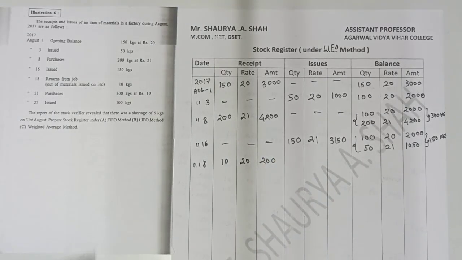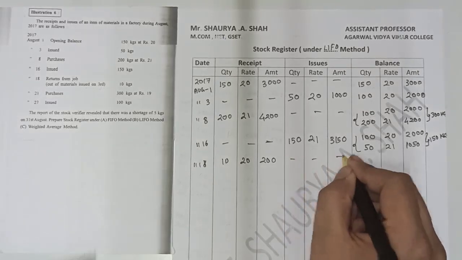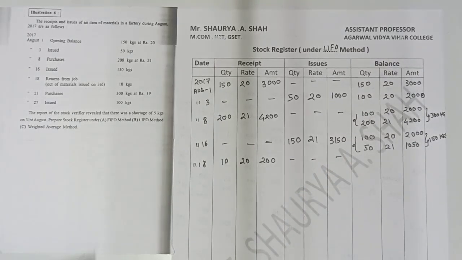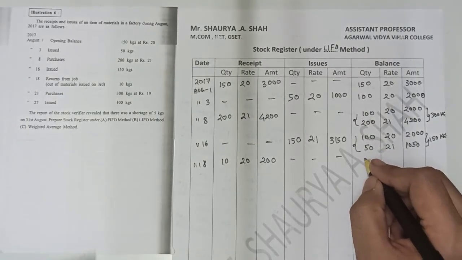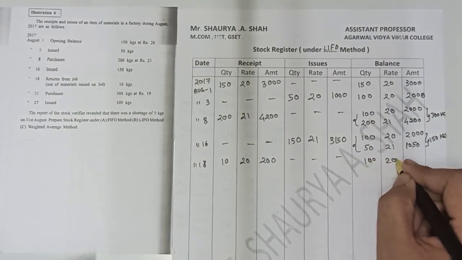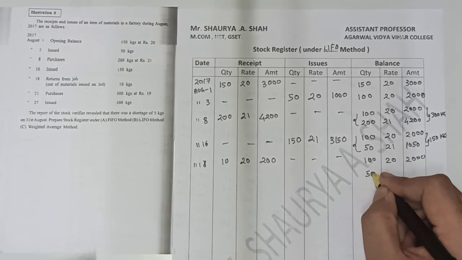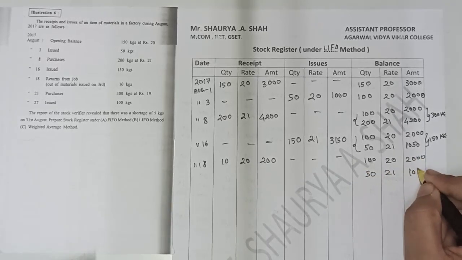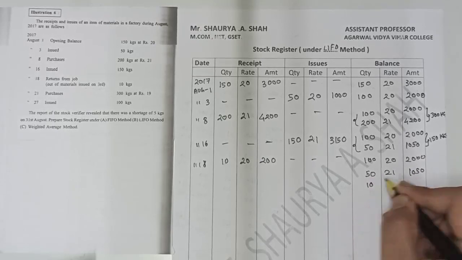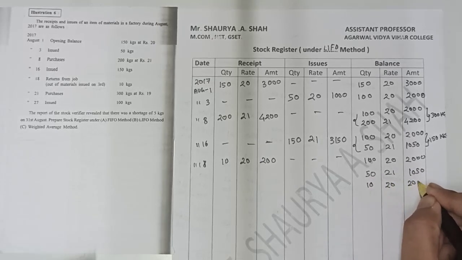So here also there will be no change, but now in your balance you need to be very careful, right? Because you are having three kinds of quantity, students. One will remain the same, 100 into 20 means 2000, 50 into 21 gives me 1050, and 10 into 20 gives me 200.